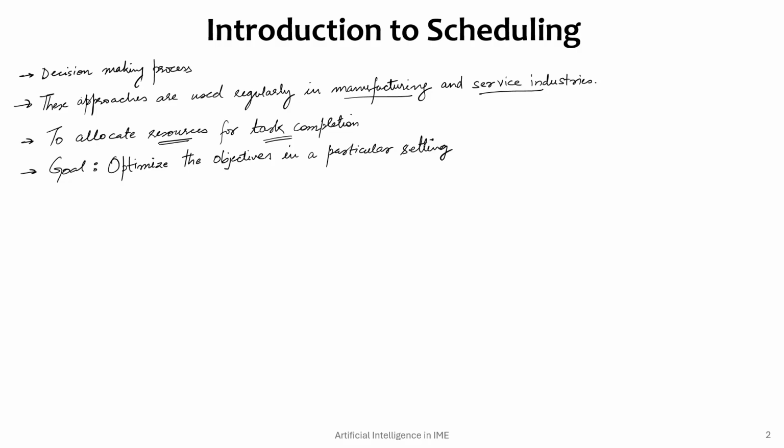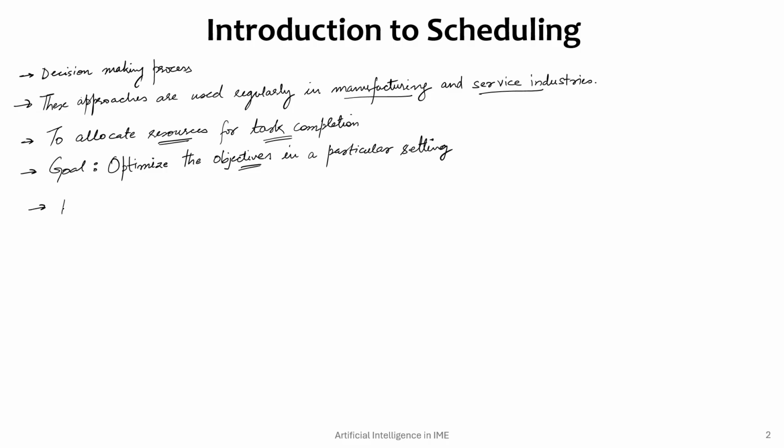So let's say in a factory you need to perform all the tasks so that none of the tasks get delayed, so that you can deliver your product in time. There are different kinds of objectives that we will talk about later, and we need to optimize these objectives so that our goal can be achieved and the process of scheduling will be beneficial for us.